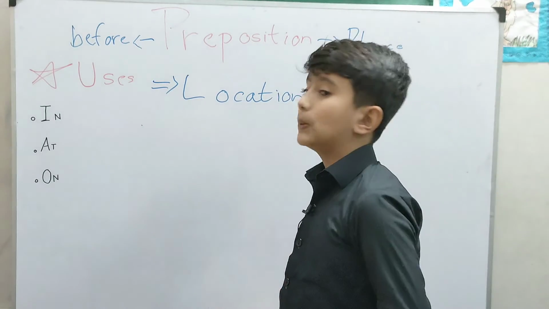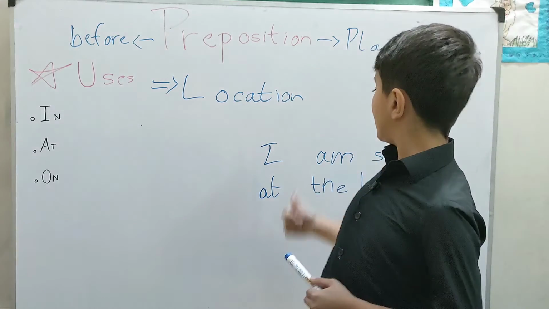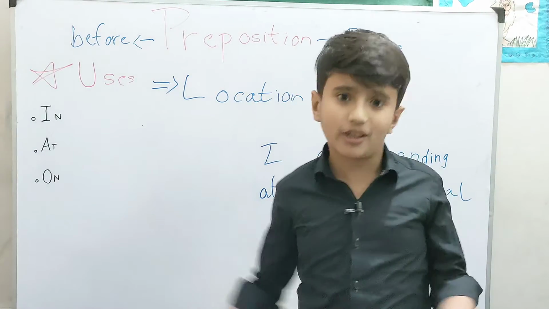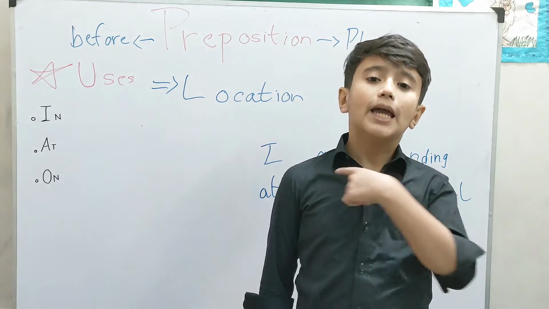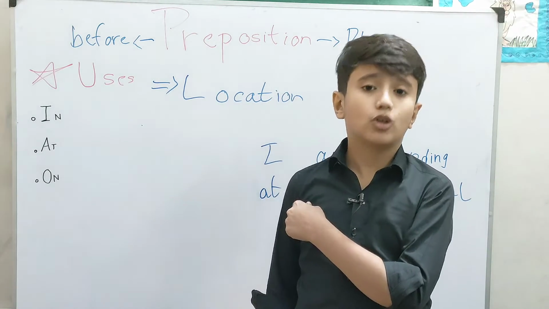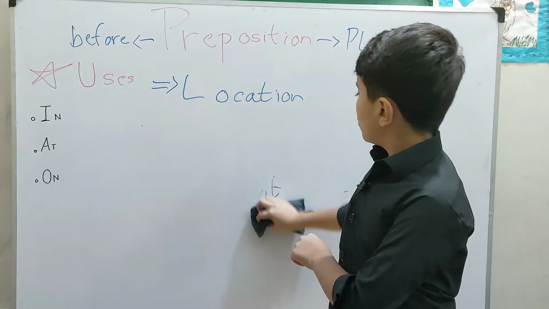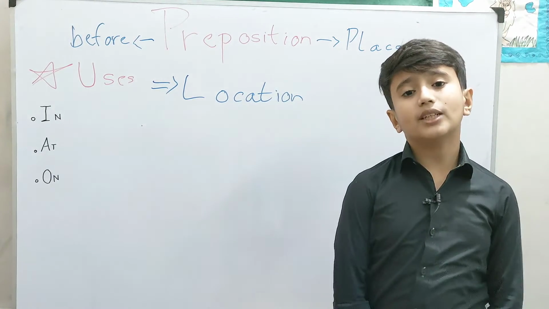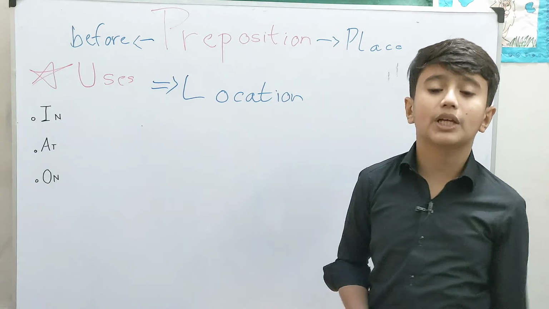Now let's look at at. So I am standing at the hospital. It's not in the hospital. It's not on the hospital. Of course, you're not standing over the hospital, you're standing at the hospital. So this is the use of at. In that sentence, I was the subject. Standing was the verb, but here the verb has to be in ing form.